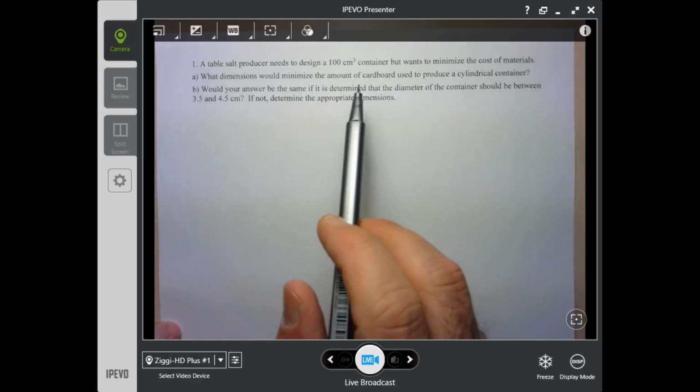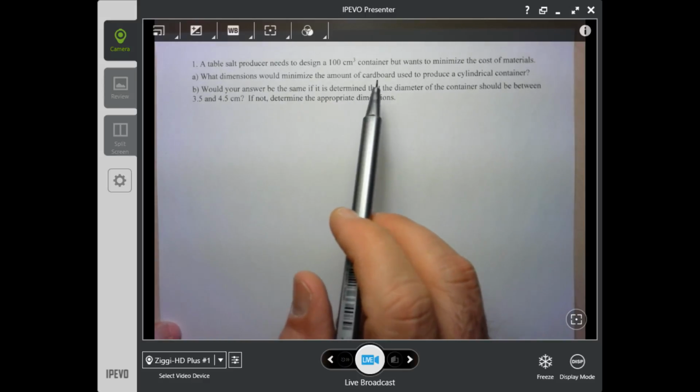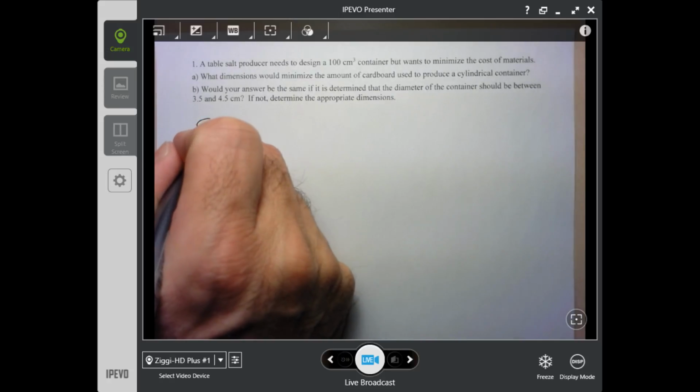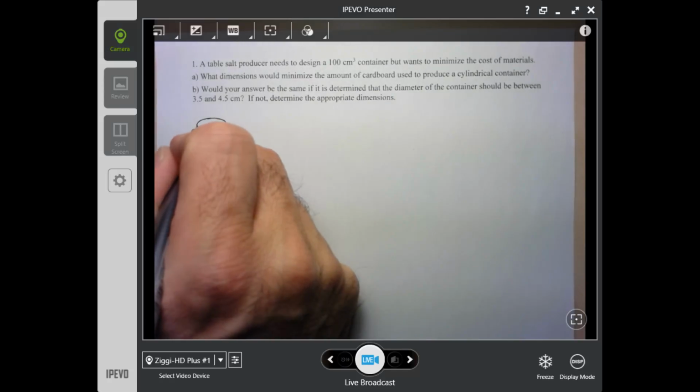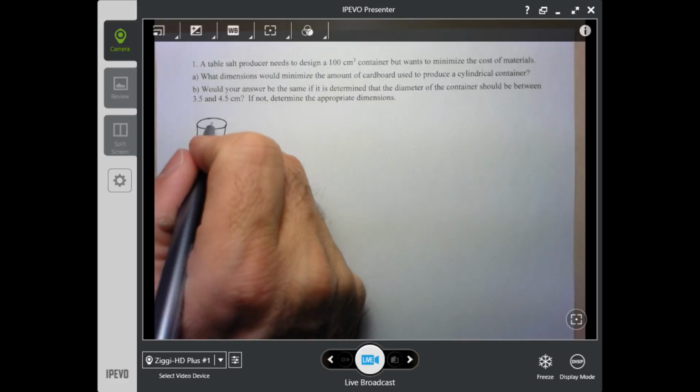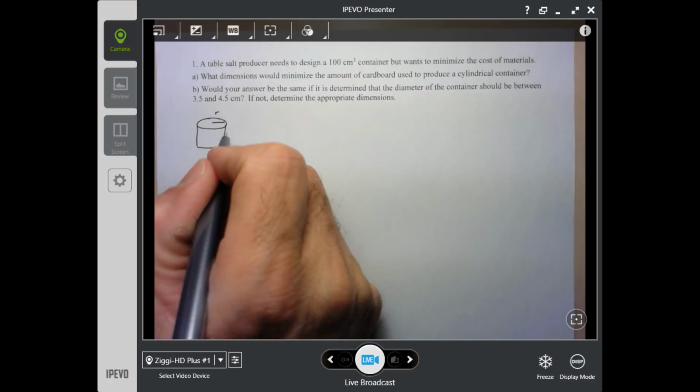So if I want to minimize the surface area of this cylinder, let's start by drawing a cylinder and recalling how one finds the surface area. Okay, so the two dimensions that we're interested in are the radius and the height.